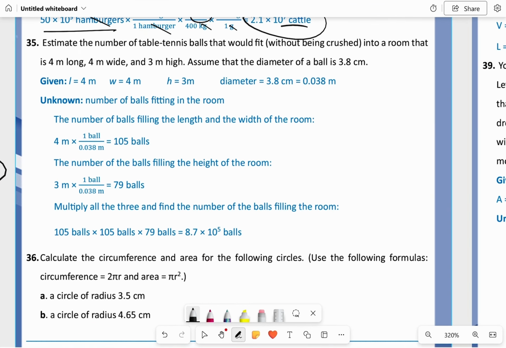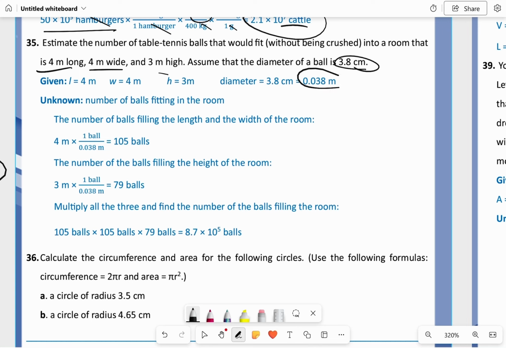Now estimate the number of table tennis balls that would fit without being crushed into a room that is 4 meters long, 4 meters wide, and 3 meters high. So careful, length and width are the same. For the number of balls fitting along the length and the width of the room, you have 4 meters, and careful, the diameter of a ball, not the room, is 3.8 centimeters.